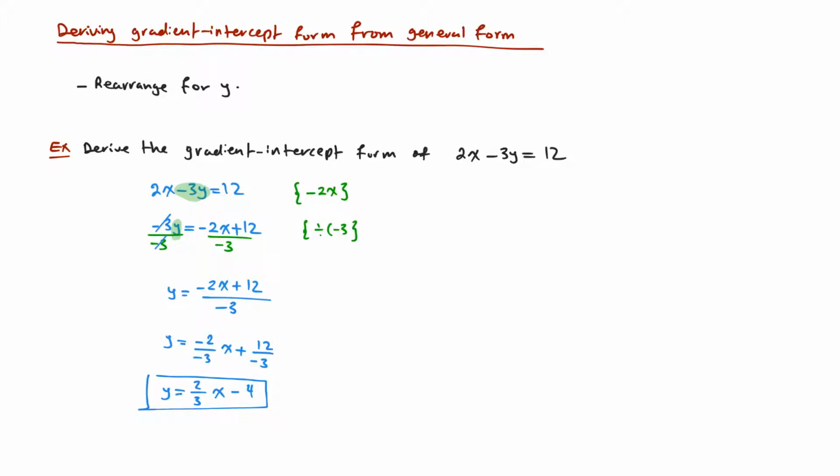And in terms of steps, we're looking to make sure that you know how to rearrange for y. There's a method mark here, and there's an implied method mark, and you need to be able to show your answer in the form mx plus b.